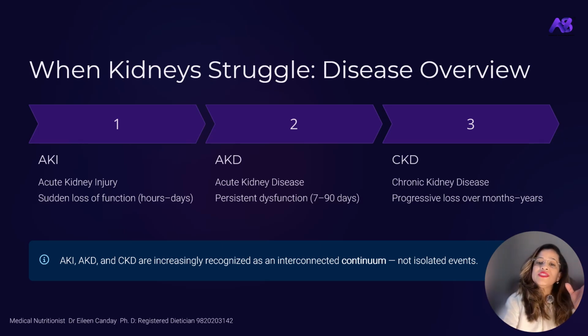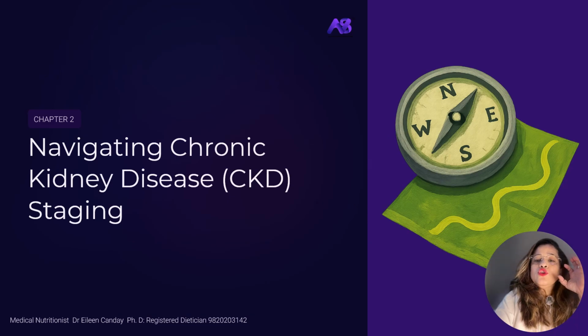When you understand them as a continuum, that helps us recognize that early intervention at any stage matters. So the focus here is on understanding CKD staging, and it is essential for us to classify disease by severity, and let that guide treatment decisions.